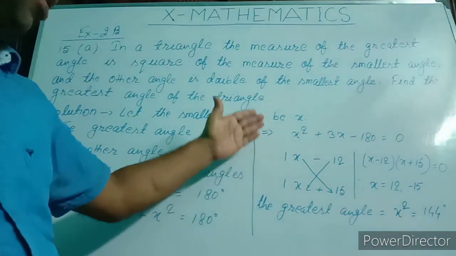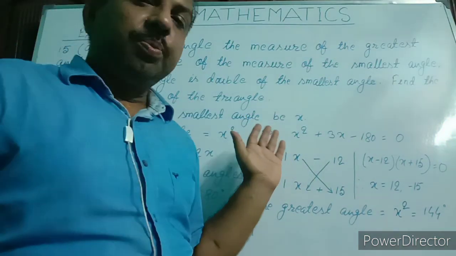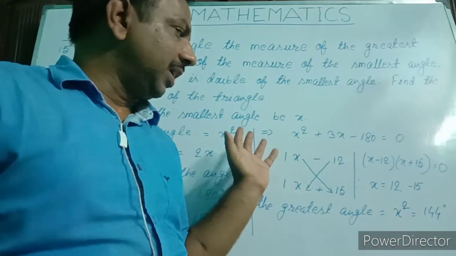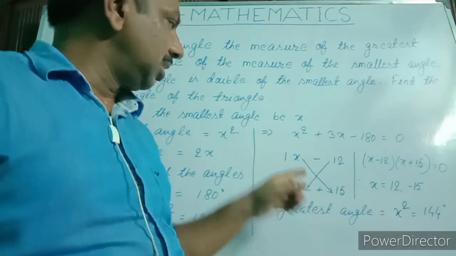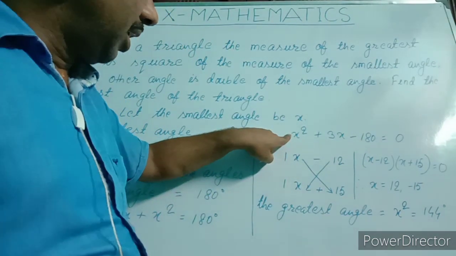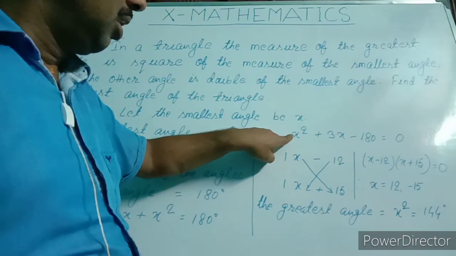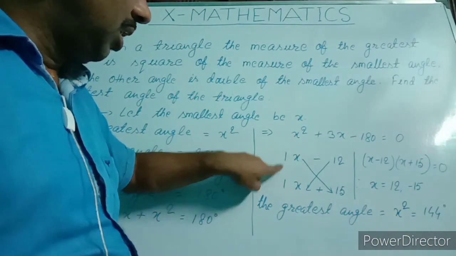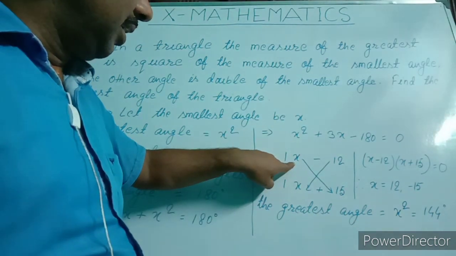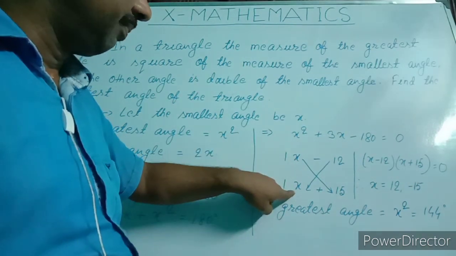And here now I followed the trick B. The trick B says cross multiplication process. Here I wrote the coefficient of x square, that is 1, I wrote here 1 and 1. Then I have written this one with x.